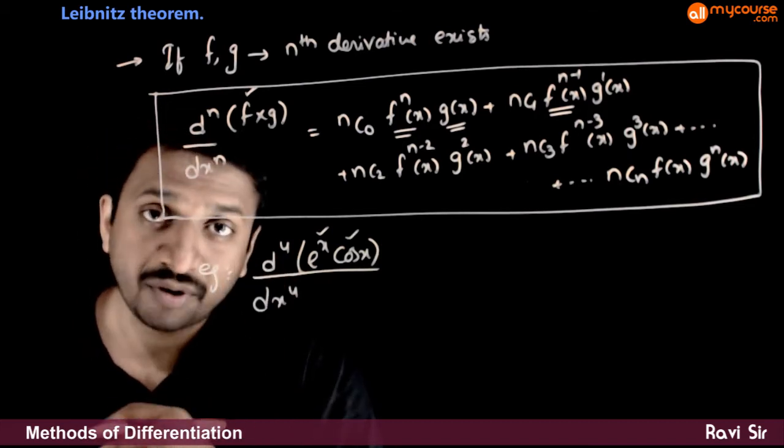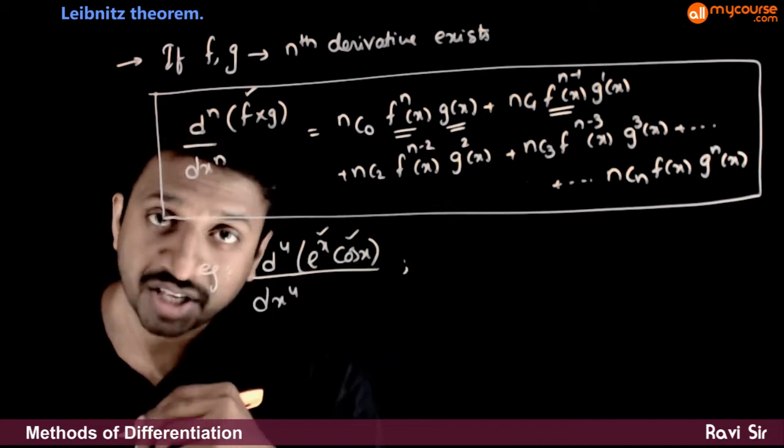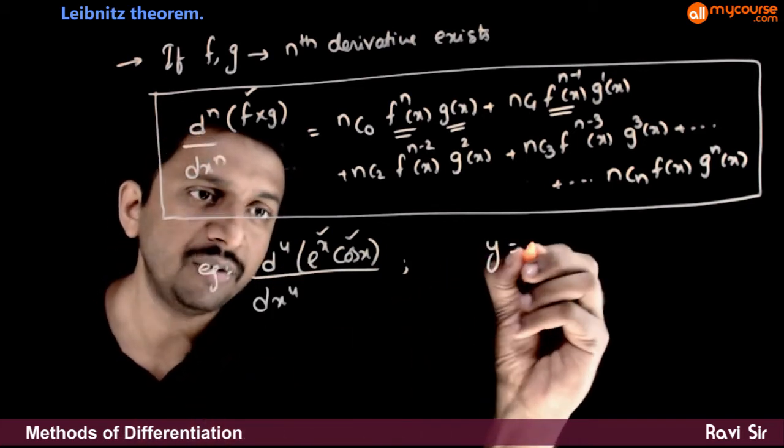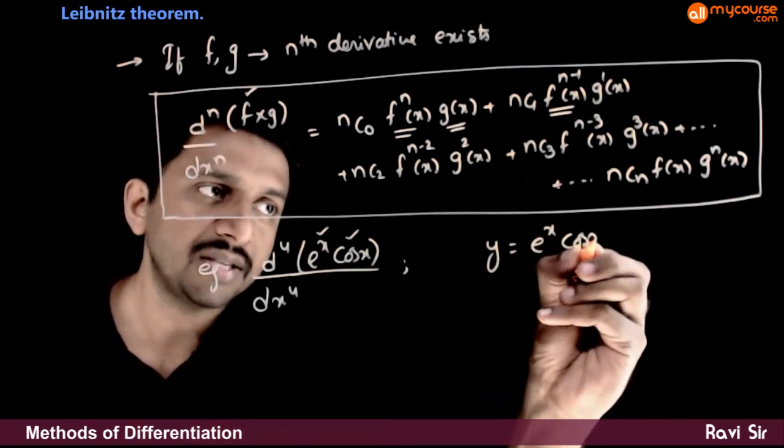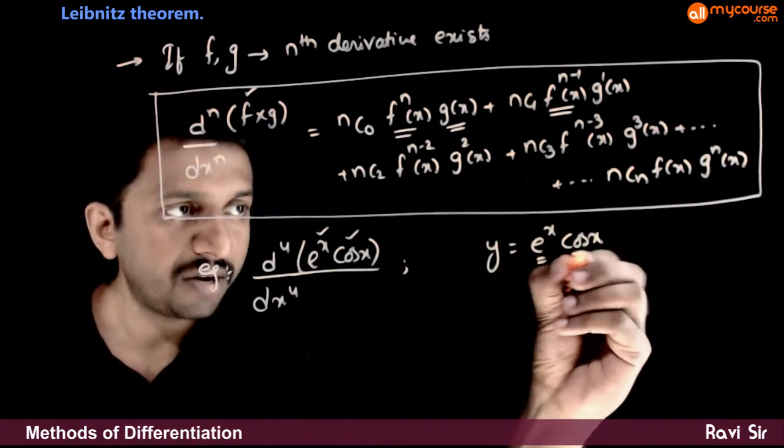Normally, in the general process, we assume y is equal to e^x cos x. This is a product function.